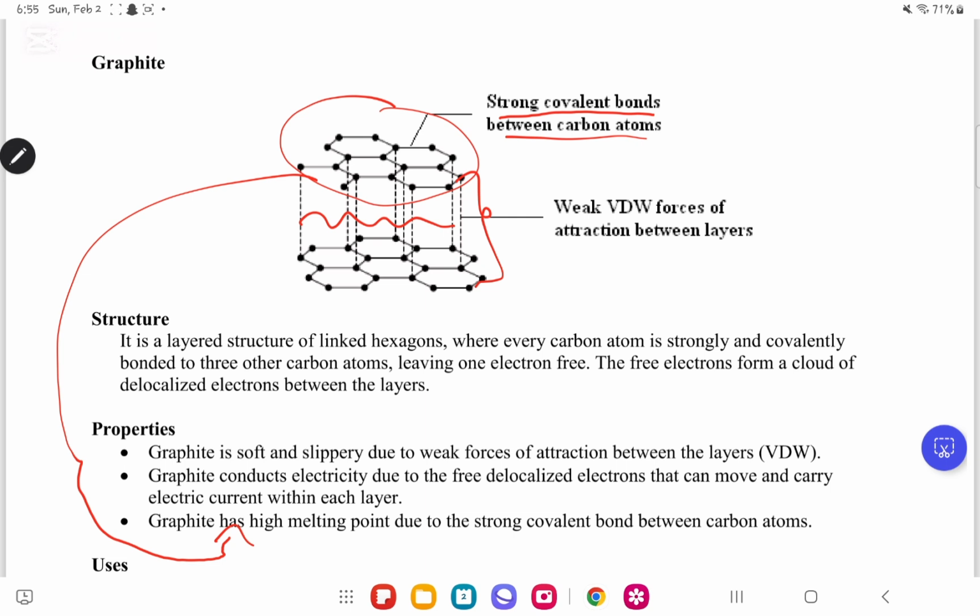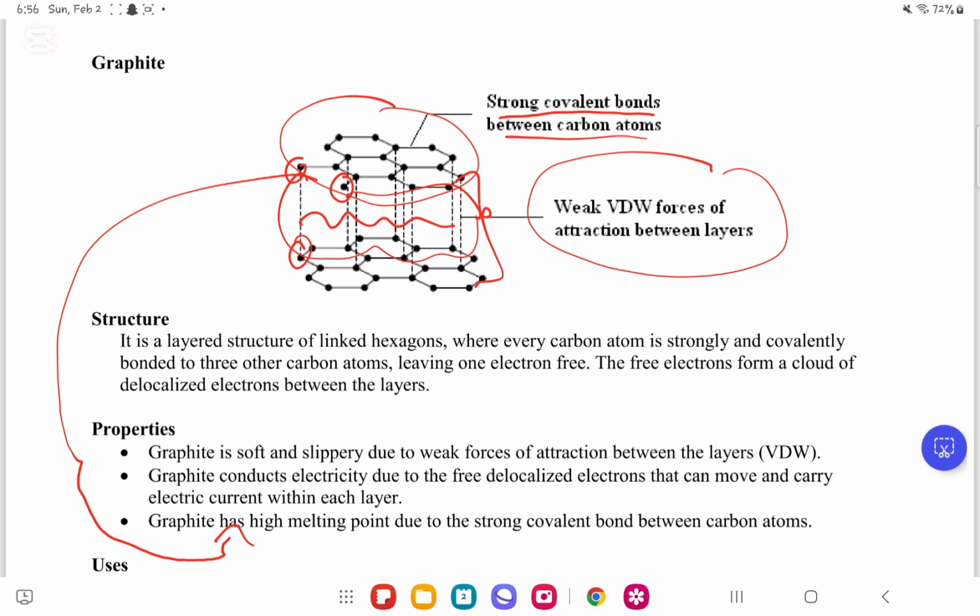Now, first of all, the structure of graphite is that it's a hexagon where every carbon atom is strongly and covalently bonded to 3 other carbon atoms. So there's one free electron left. These free electrons form a cloud of electrons, and in this cloud there are weak van der Waals forces of attraction, and this causes the graphite to be soft and slippery.